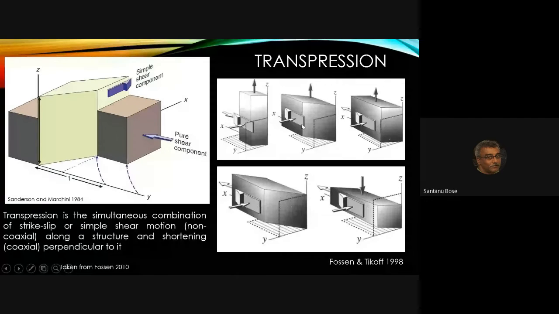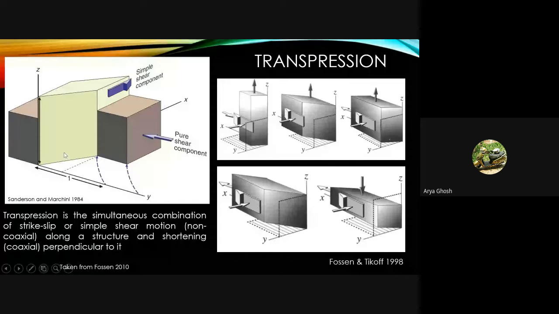So what happens in case of a transpression, due to this strike slip movement? Suppose this block, which was a parallelepiped initially, this shear zone block, will become a rhombohedric block because of the strike slip component. And because there is a pure shear component in terms of shortening, these two wall blocks, unsheared blocks, will try to move towards each other, and this will create a vertical stretch in this direction.